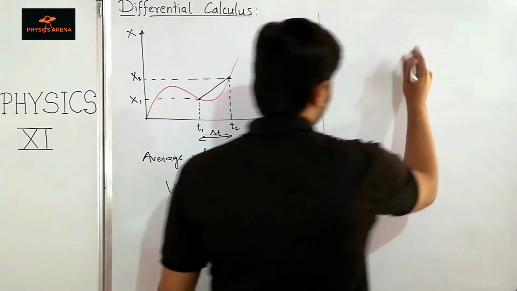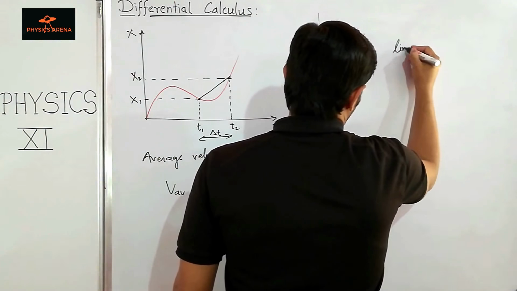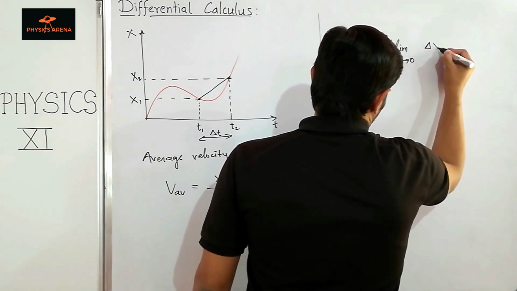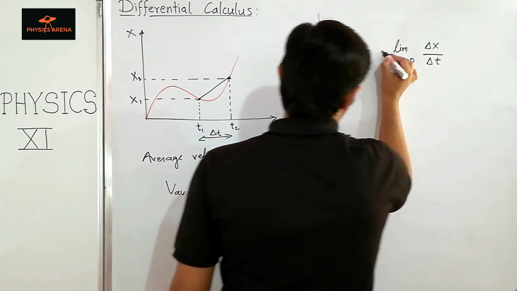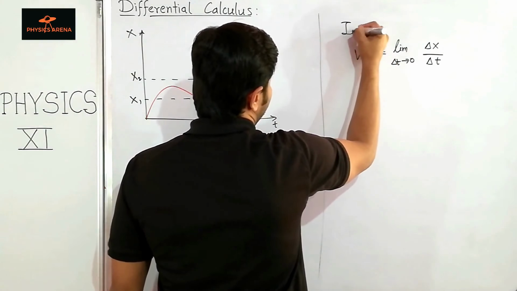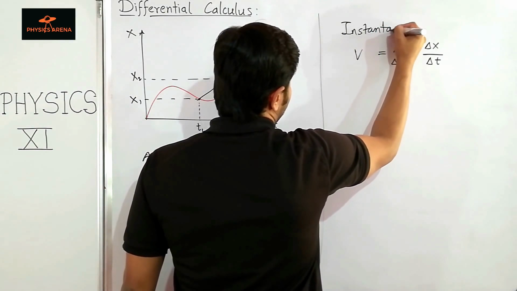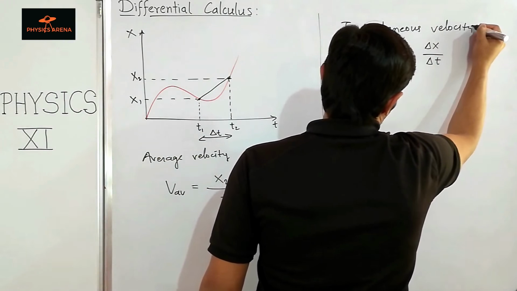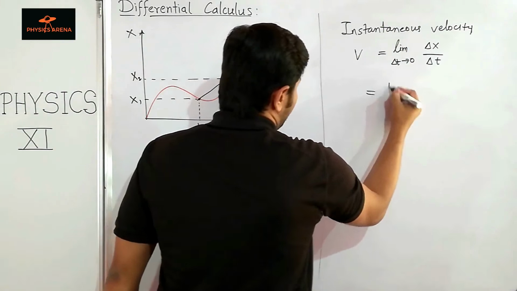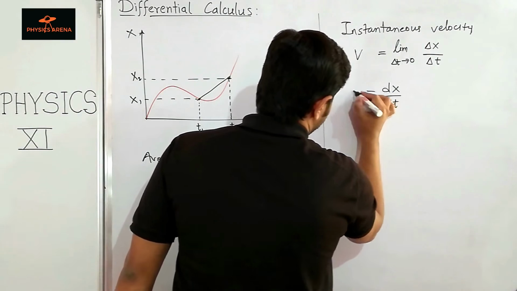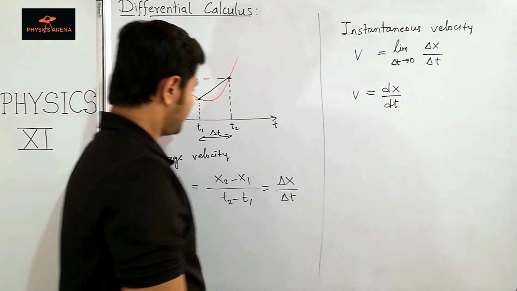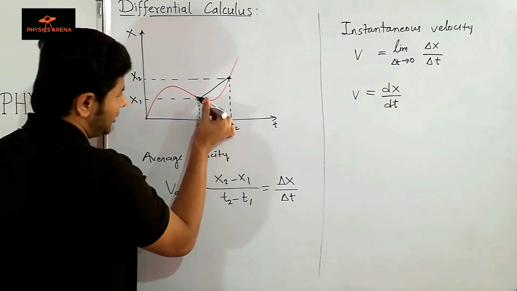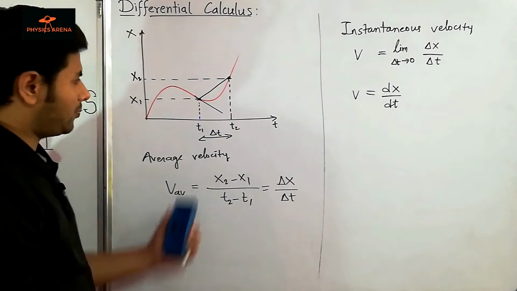So in this limit delta t tends to 0, change in x over change in t gives us instantaneous velocity, and we call it the derivative of x with respect to t, and it is the slope of the tangent line at that point t.